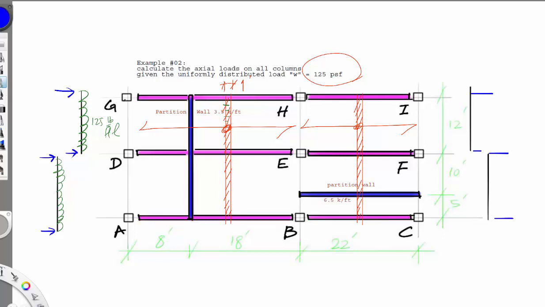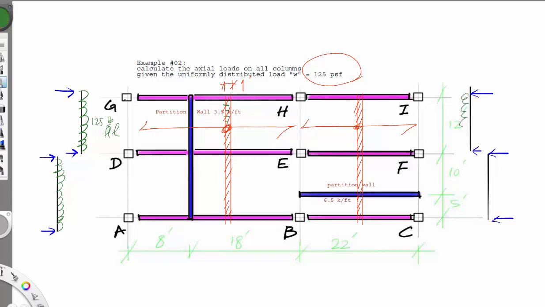And again, if we take a section like we did before, let's just make these reactions. If we take a section, of course this section was for this strip, and this section should be for this strip. So now what you see, of course, is the uniform load is the same as before.